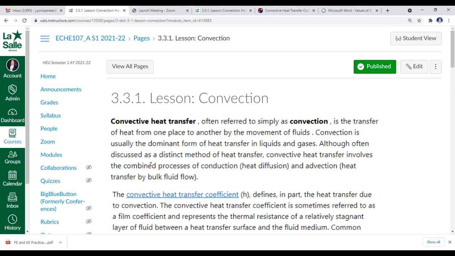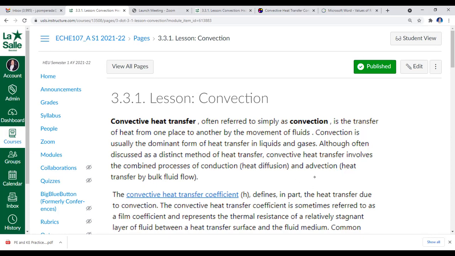Although often discussed as a distinct method of heat transfer, convective heat transfer involves the combined processes of, so oftentimes it does not stand alone, conductive heat transfer, that is through heat diffusion, and this new term, advection. So, heat transfer due to the flow of the bulk fluid itself.